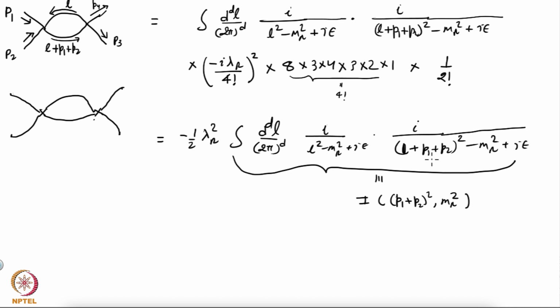And P1 and P2 are present, but they are present in the sum. They appear together, P1 plus P2. So, very naively, you could say it will depend on P1 square, P2 square, and 2 P1 dot P2. But it will not depend separately on these, but only as P1 plus P2 whole square, right? Because that is what appears here as a sum. So square of this. And of course m_r square, and if you want epsilon also. But let me drop epsilon, it is understood.